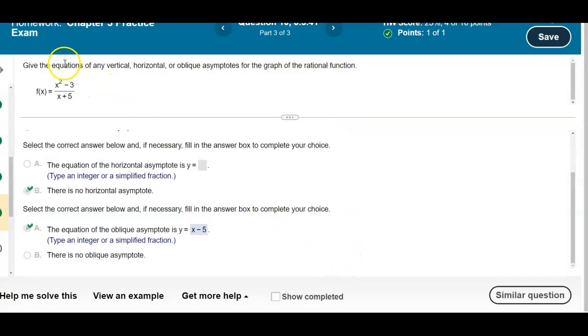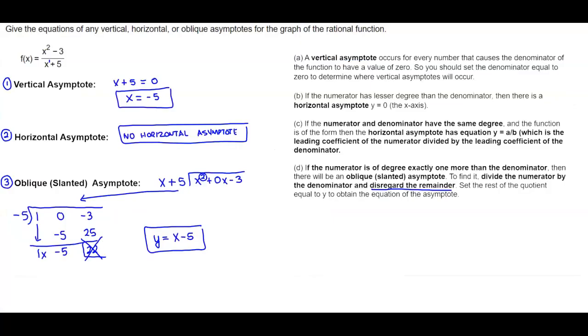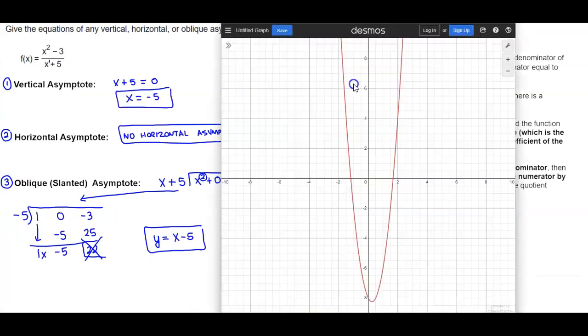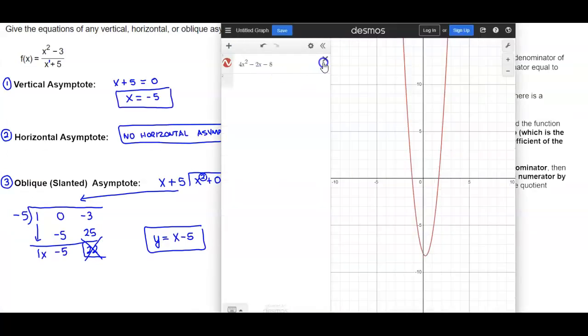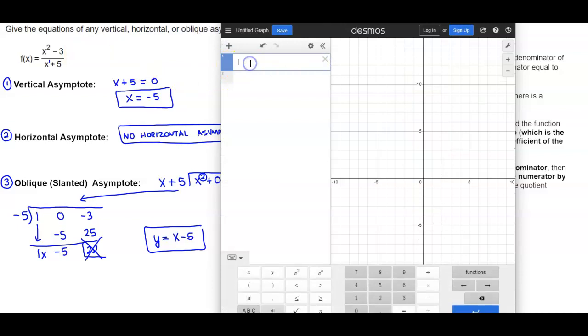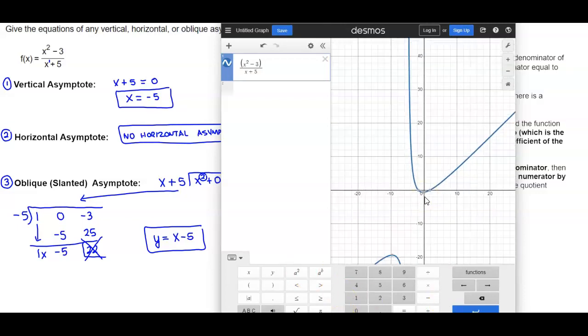Now, let's verify this using the graphing calculator Desmos. We open up Desmos and put in this rational function: x squared minus 3 in the numerator, divided by x plus 5. Here is what the graph looks like.